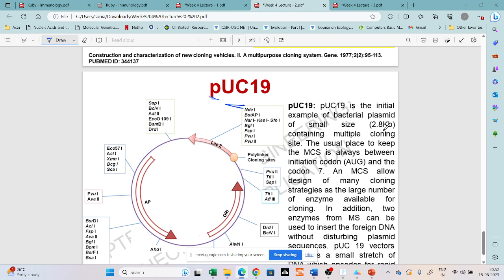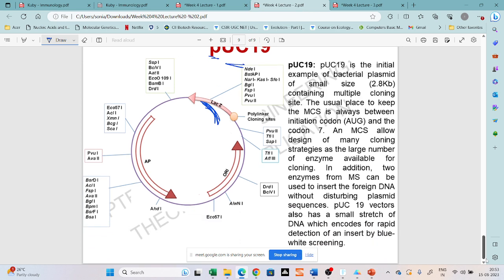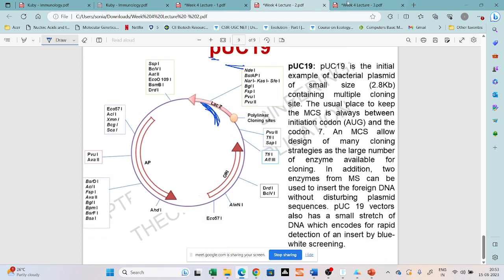So pUC19 is a more advanced vector as compared to pBR322, because, first, it is of low molecular weight, 2.8 kb versus 4 kb. And also it has blue white screening, that is lacZ gene selection criteria. Okay, so these are the two prokaryotic vectors that we have studied.